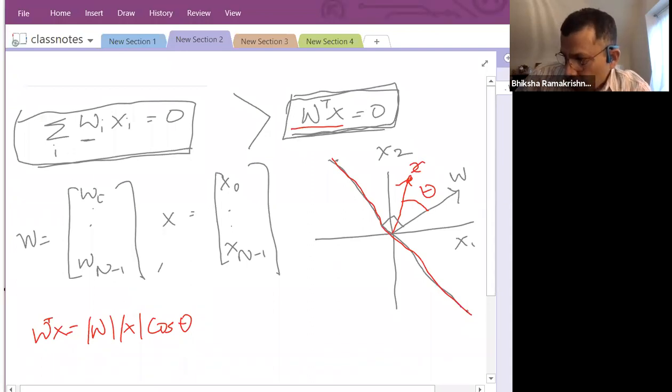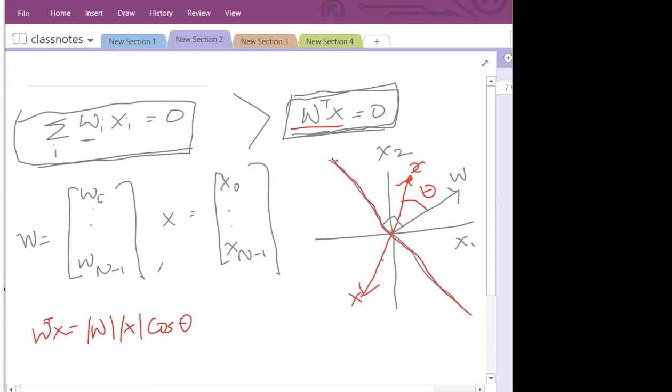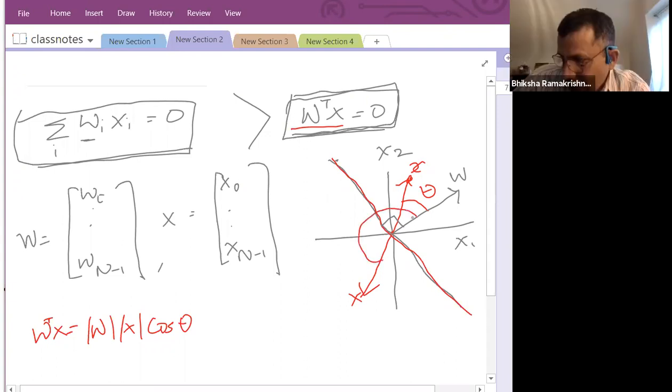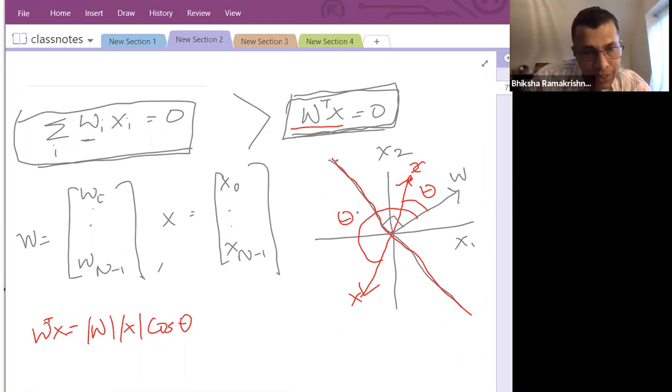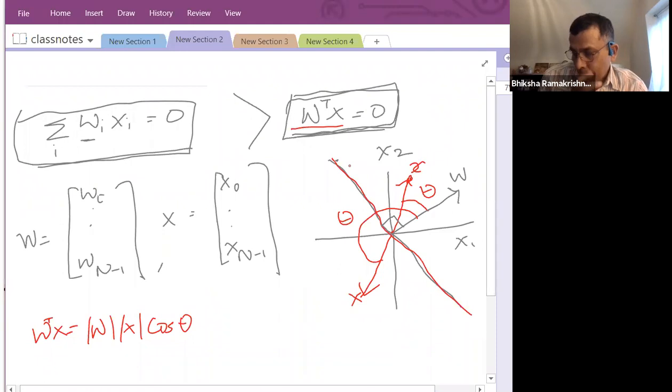Suppose I have an x out here on the other side. What will the inner product be? Negative, because now you have this angle theta greater than 90 degrees, and cos theta for theta greater than 90 degrees is negative, while cos theta for theta less than 90 degrees is positive.